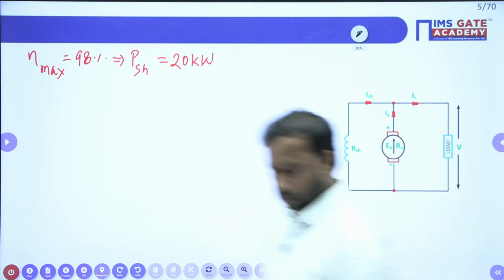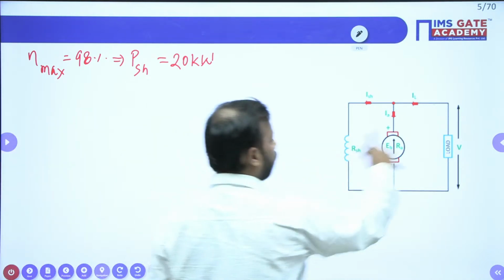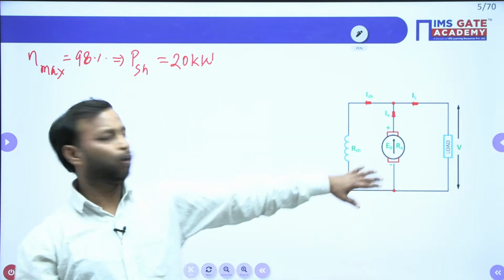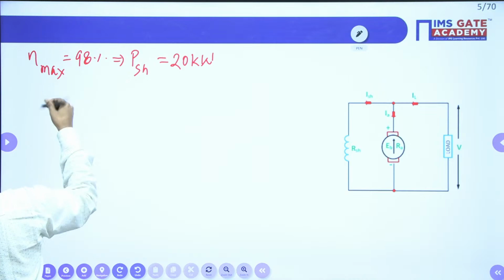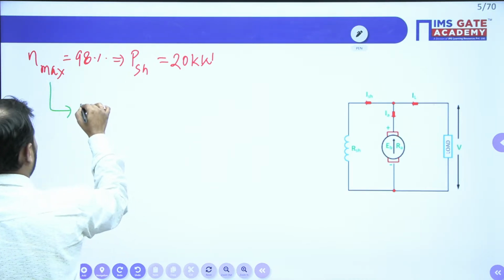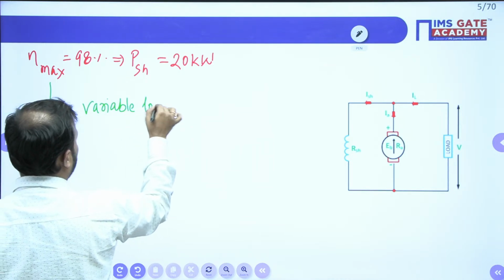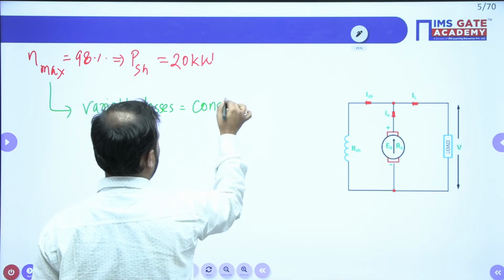Okay, that's all. So here what will be the input? This shaft is basically the output of your motor. So this efficiency is given here. So this efficiency implies that your variable loss is equal to constant losses.